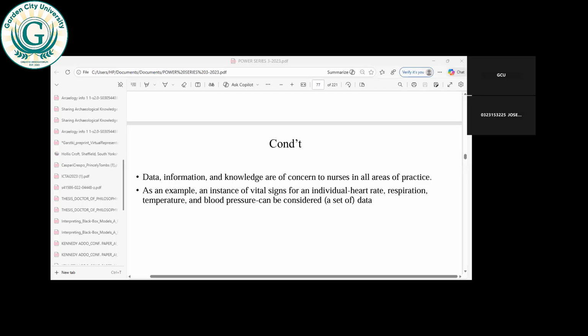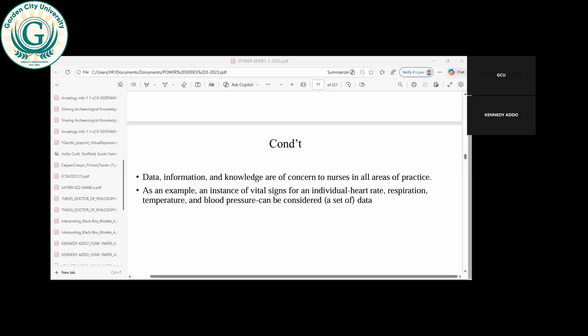You can know that this client, with the knowledge that you have from school, you know that this number that you are getting, the 30 that you are getting, the person falls within the obese range.